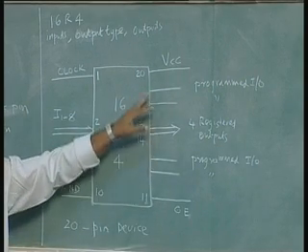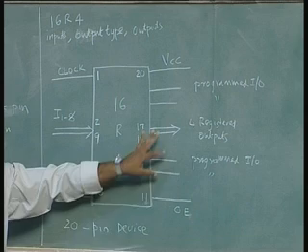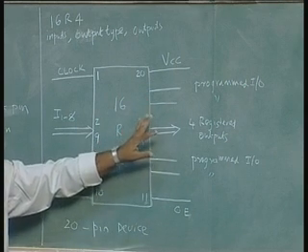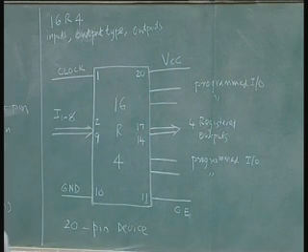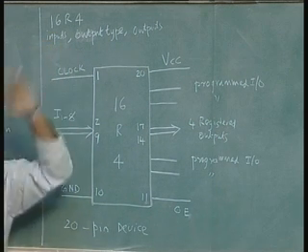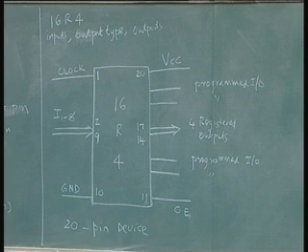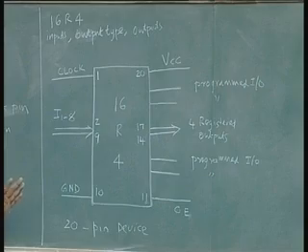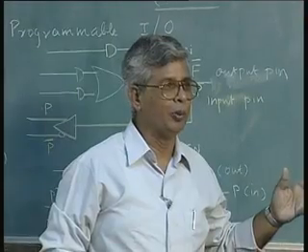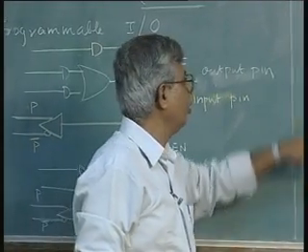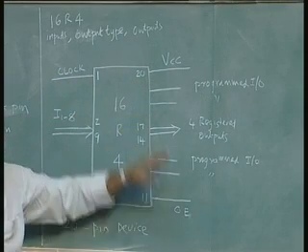So all these 4 can be used as inputs also. So this 16 is a sort of a trick that the manufacturers play on you. You cannot have 16 inputs and 4 outputs at the same time. 16 is the total number which can be used as input. If you use all of them as inputs, no pin will be available as output, because 4 pins are already gone: 1 for ground, 1 for clock, 1 for VCC, 1 for output enable.